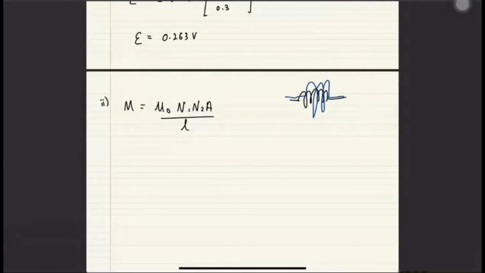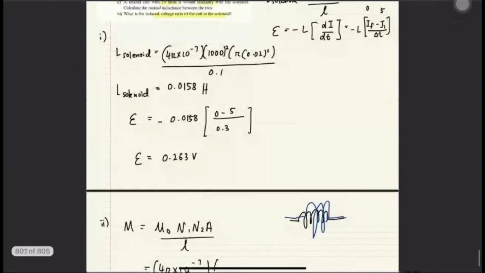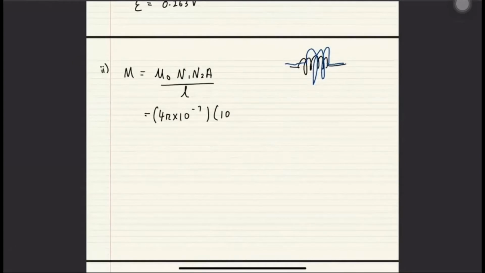So I can write this one as 4 pi times 10 negative 7, times 1000, times 50, times pi 0.02 squared, this is pi r square. Length ni masih lagi sama, 0.1.